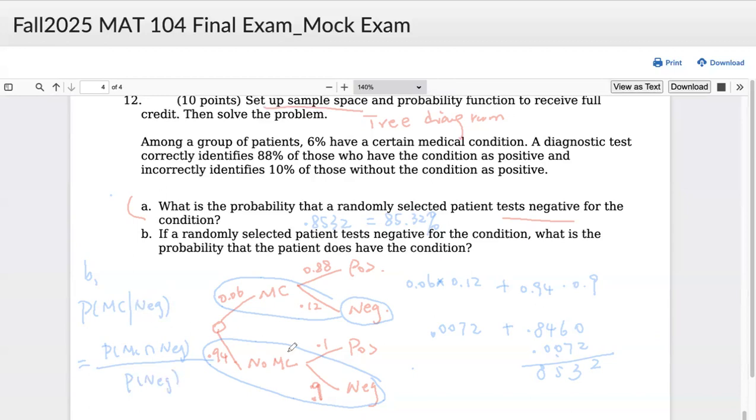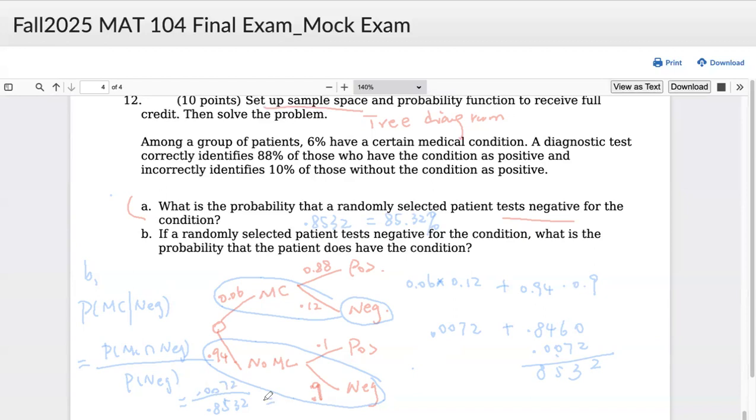Well, the probability of negative we just calculated right here from A, right? So the denominator is 0.8532. What about the numerator? It's in medical condition and tests negative. In medical condition, tests negative, right? It's just 0.0072. So you divide these two numbers. Let's see what we get.